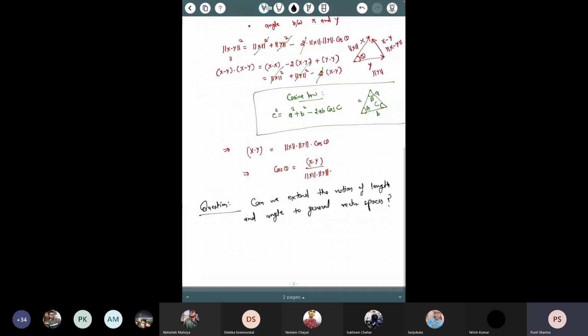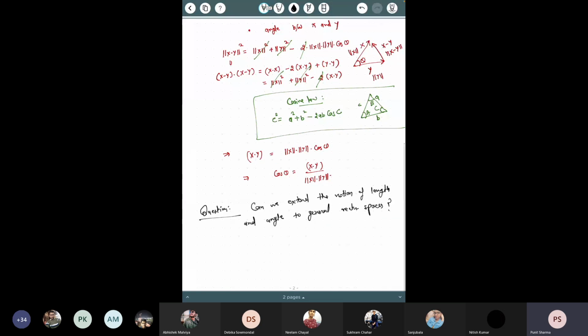The answer is given by using the inner product. Here I will define an inner product on a vector space over a field F, where F is either R or C. So we will either talk about a real vector space, where the underlying field is real, or a complex vector space, where the underlying field is the field of complex numbers. Okay, so let us define an inner product on a vector space.